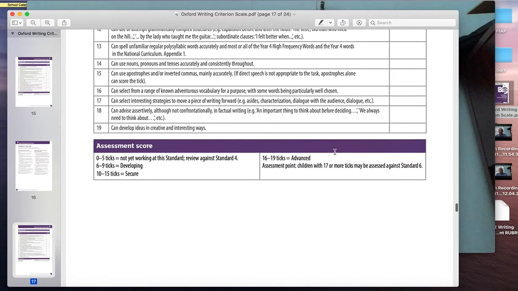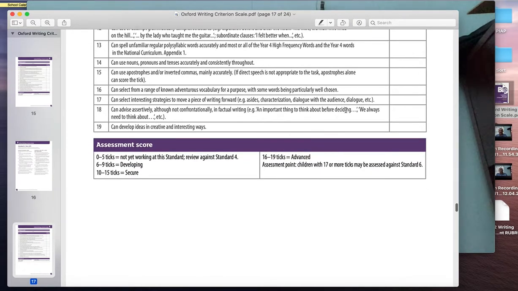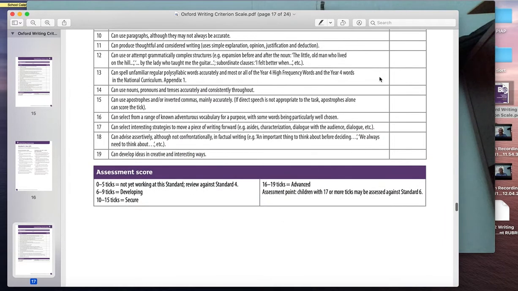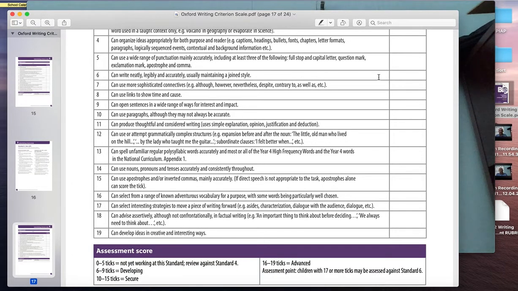Similarly, if you have a child that gets all of these ticks, everything's ticked off, then it might be worth doing the year 5 criterion scale to see how much of that they know and to see where the gaps are and where you go next with that child. But please, just as a reminder, you must make your judgment based on the criterion scale for the year group that child is in.